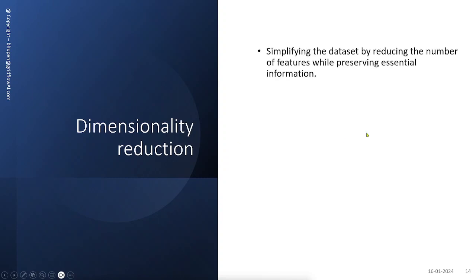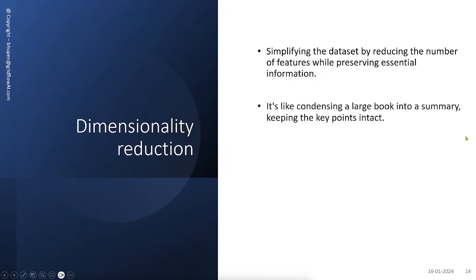Here we are talking about, let's say we have 1,000 columns, and is there a way to reduce the number of columns from 1,000 to, let's say, 10 or 20 or 30, and still not lose the data or information in your data set? That's called dimensionality reduction.